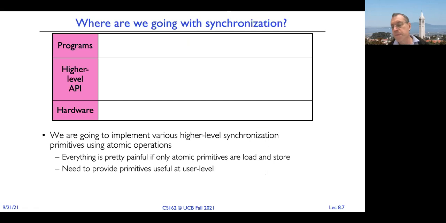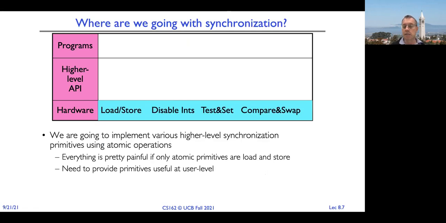Synchronization primitives P and V are at the higher level, but at the low level, you have what you have on the processor. You can execute instructions like load and store, and you can disable interrupts.